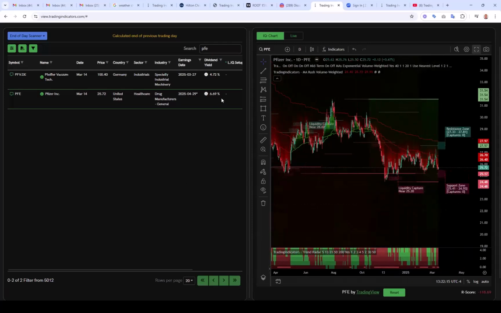But it's a stock which pays a high dividend, a 6.69% dividend yield. And these dividends, if you go to this hover box here, you can see, are increasing year after year. So it's a perpetual dividend payer. If you're a dividend investor, now it's the time. Why? First of all, dividends are paid out consistently.